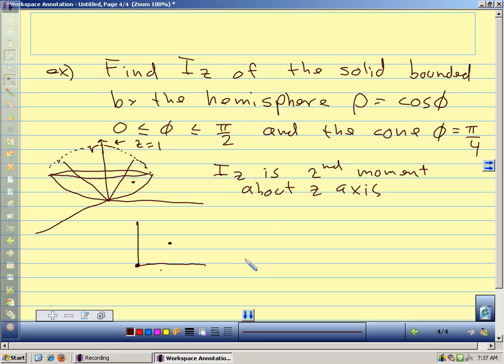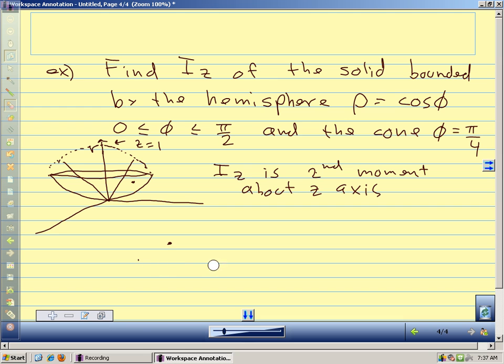Would this be the square root of x squared plus y squared plus z squared? No, we're just looking at the distance from the z-axis. This distance is the same as projecting directly up from the xy plane, so all we're looking at is the square root of x squared plus y squared. That's the distance from the z-axis.